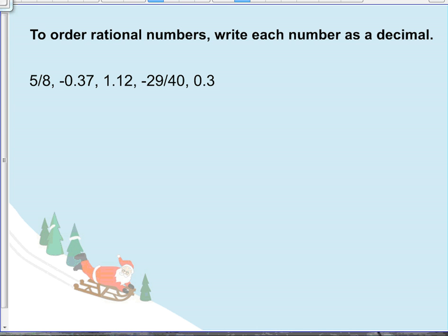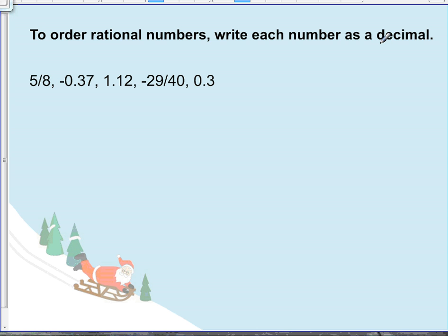All right. So in order to do this, we can actually talk about ordering these rational numbers by doing one thing. We can actually get each number as a decimal. Why would we want to do this?